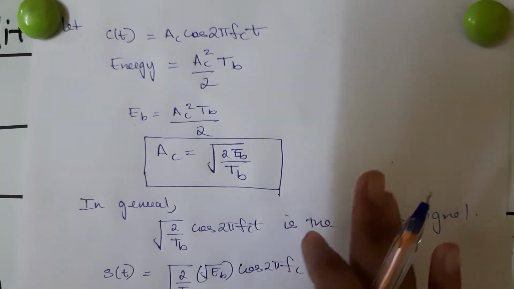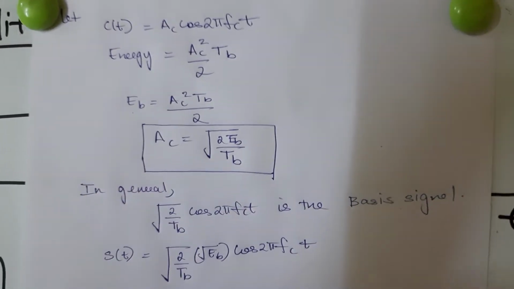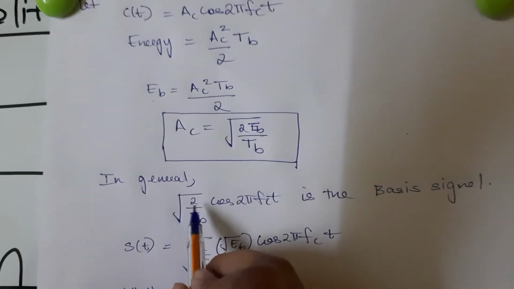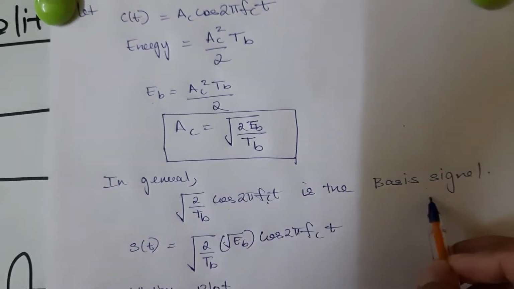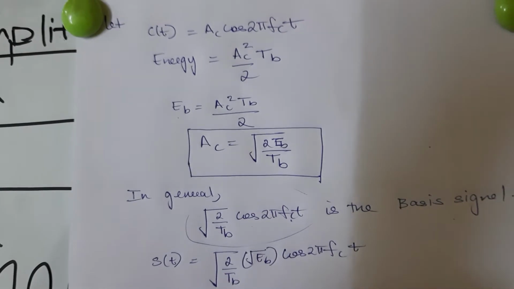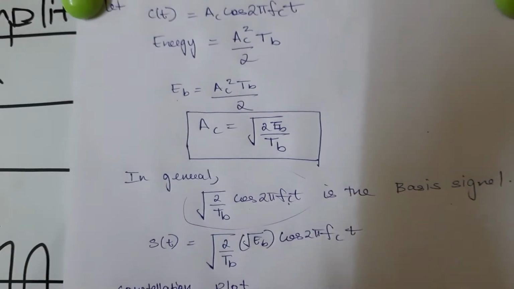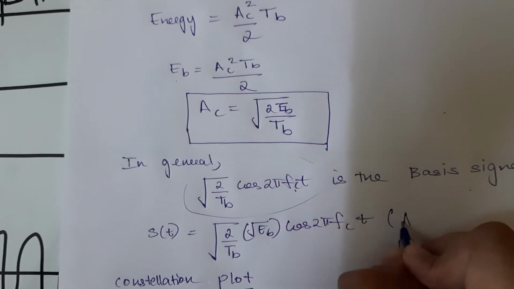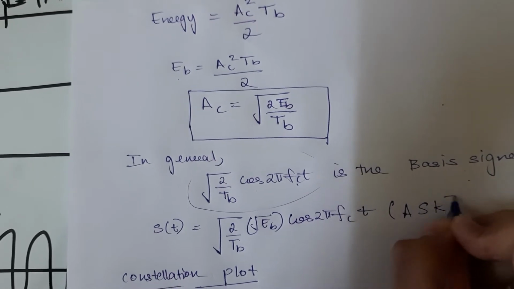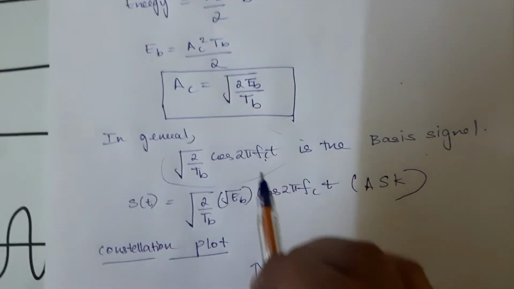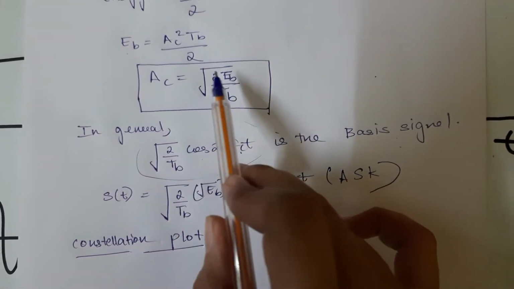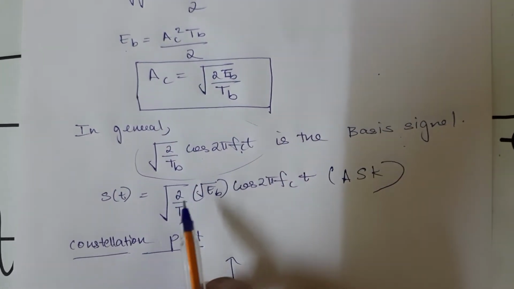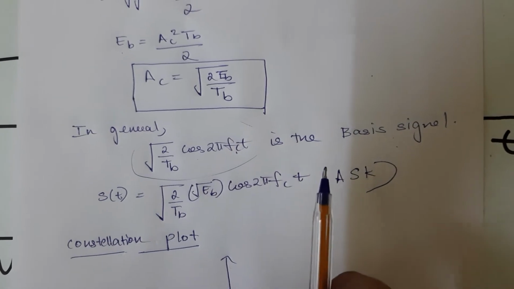Now in general for any digital communication, root 2 by TB cos 2 pi FCT is taken as the basis signal. In this case, for ASK alone, when I multiply, my S of t will be, instead of AC I will write root 2 EB by TB cos 2 pi FCT.